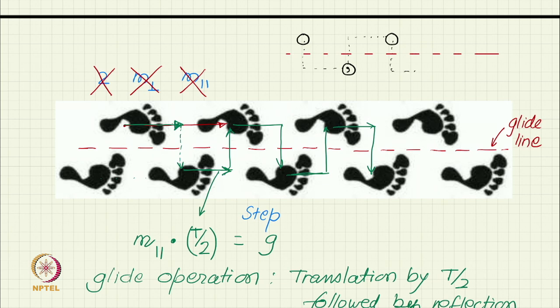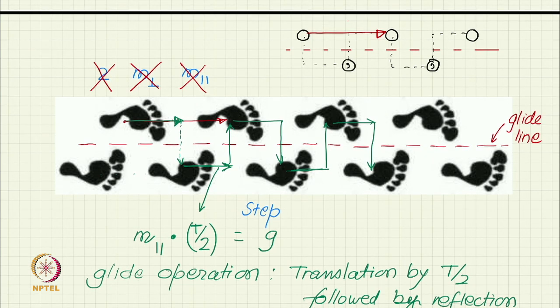Then reflect and translate, opposite handedness. Reflect and translate, same handedness. So you are seeing the actual periodicity of the pattern is this. Whereas for glide, we were giving only half translation. So if we just translate halfway, then I will have to have a motif there which is not there. So halfway translation is not consistent.